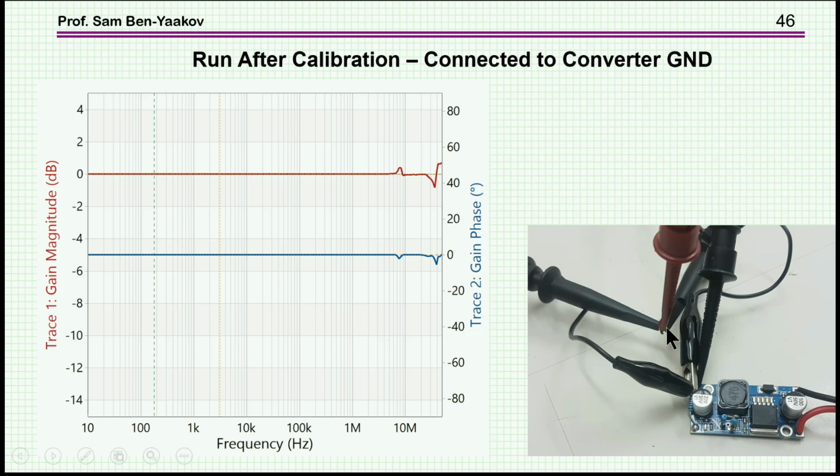There's supposed to be 0 here, but the ground now is connected to the ground of the power supply. We are left with this error, but this is very, very important to check. After calibration, again, put 0 at the inputs, connect the ground to the ground of the test system, and look now at the common mode signal. Here it's pretty good up to, well, I don't know, 8 megahertz, so we are in good shape.